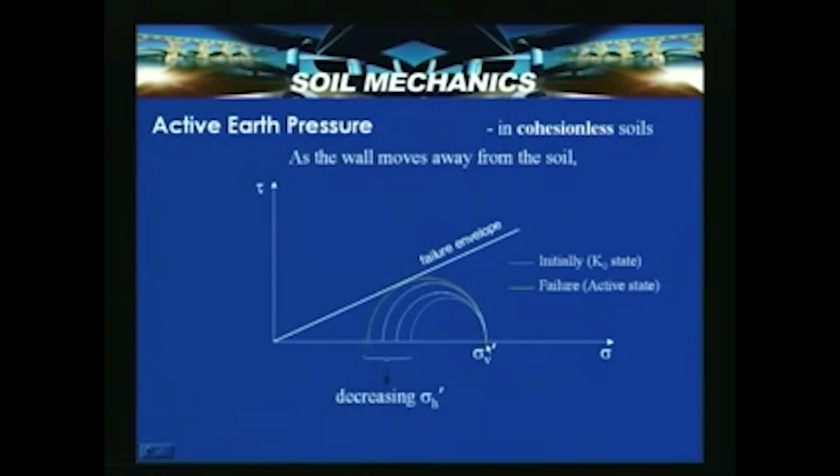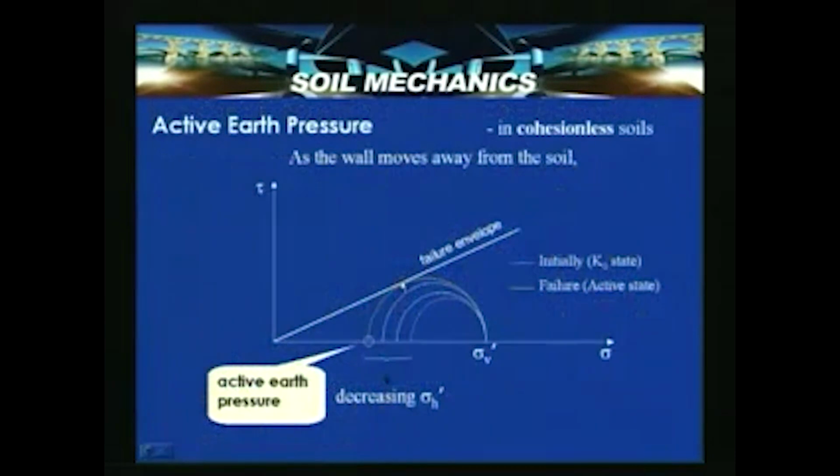But as sigma H decreases, for a soil having a friction angle phi dash, the moment the circle comes in contact, tangential, with the failure envelope, the soil attains failure, that means it has reached the plastic equilibrium state. So, in this case the decreasing sigma H dash is taking place from here to here, and the moment it attains here, sigma H dash becomes sigma a, the minimum value, that is the active earth pressure condition.